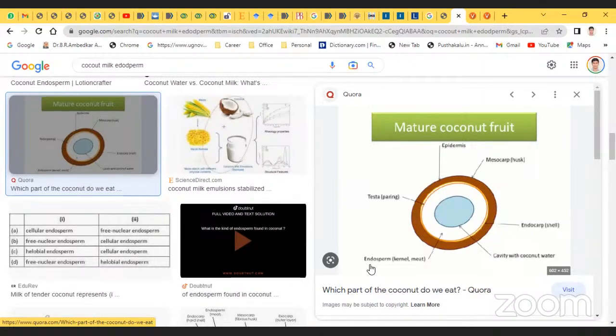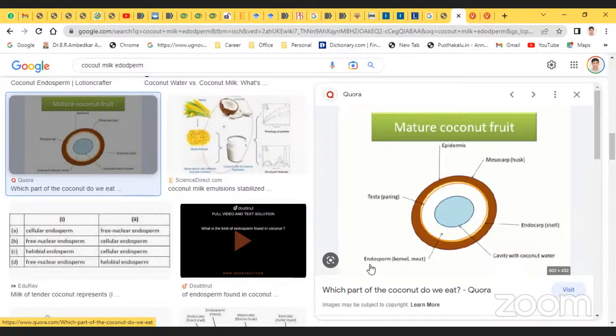The coconut water is nothing but liquid endosperm. This water is used as a nutrient medium in the embryo culture technique under in vitro conditions. Do you understand clearly?